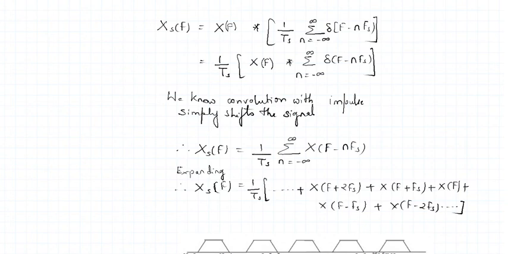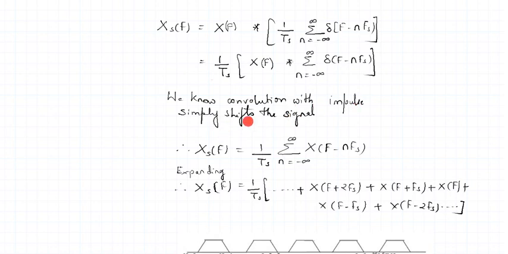So we have now the convolution of X of f with the train of impulses shifted in the frequency domain. We can take 1 by Ts, a constant, outside, and now we perform convolution of the input signal spectrum with the spectrum of the train of impulses. We have a convolution property wherein convolution with an impulse simply shifts the signal.